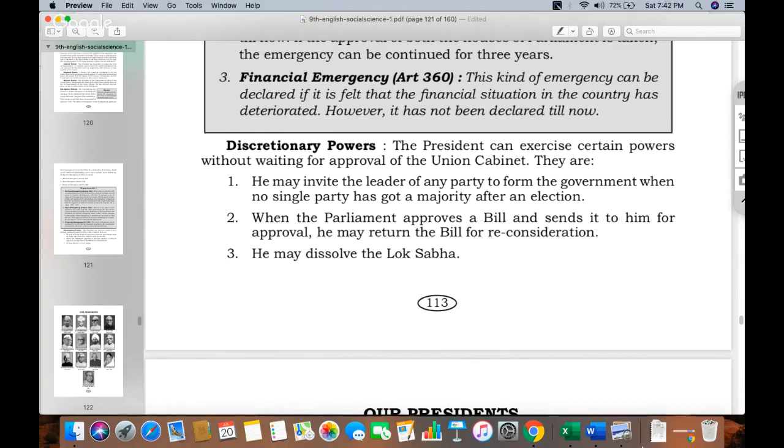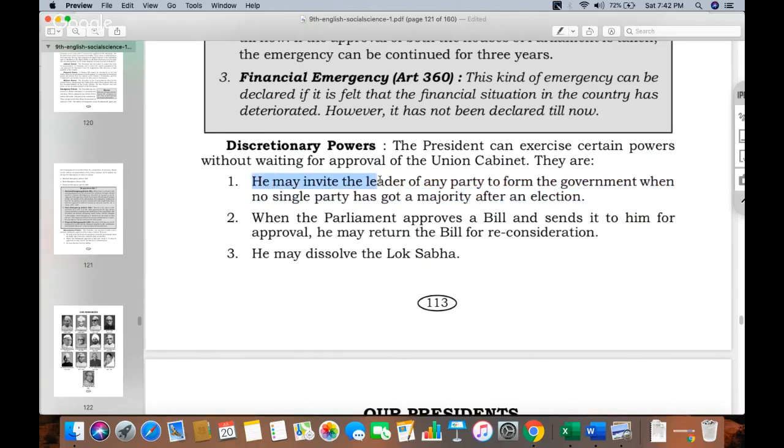So he may invite the leader of any party to form government when no single party has majority after election. Generally, what happens is that if any party has got majority, all the members of the party getting majority will choose its leader. Like when BJP got 303 seats, they chose Mr. Modi as their leader, and then President of India.